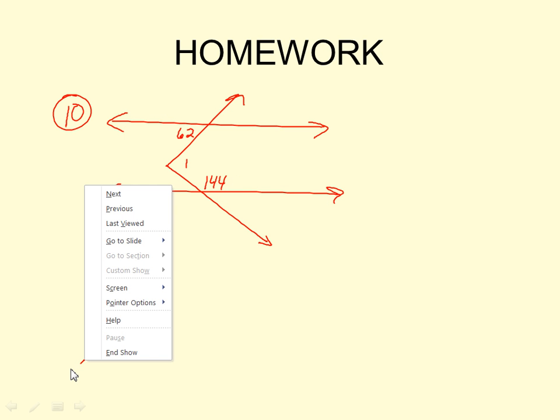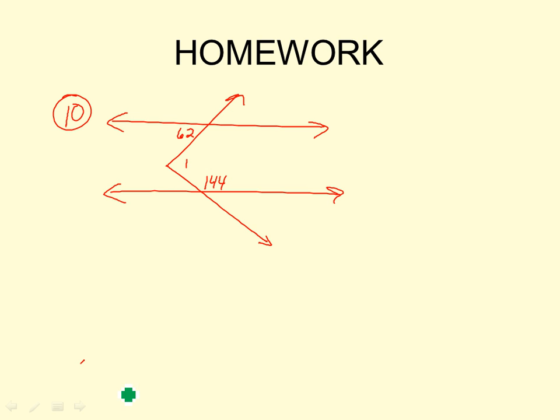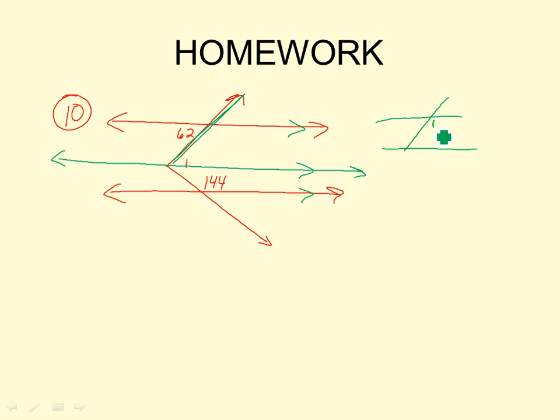Remember on these crook problems, the first thing you've got to do is draw in an extra line that goes through that point where the crook is, and we make it parallel to the other 2 lines. So then we can split off the top 2 lines and use this as the transversal.